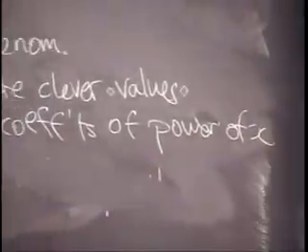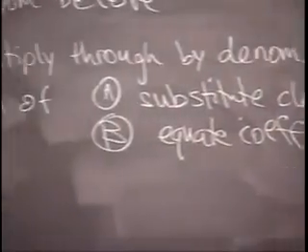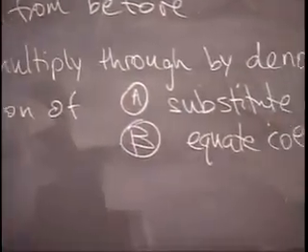And remember, you use enough of those so that you have exactly as many equations as you need. So in particular, if you have 6 constants, A, B, C, D, E, F, that you don't know, you have to do a total of 6 applications of those two methods together.